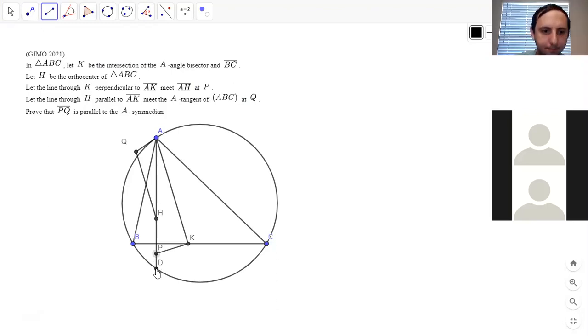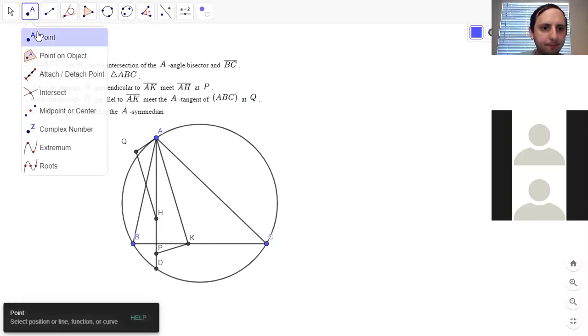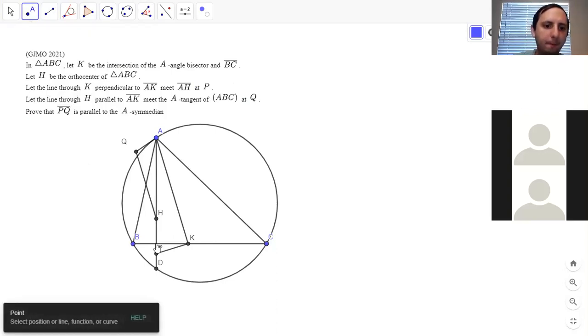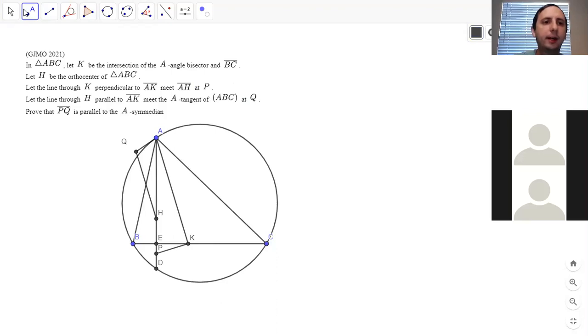All right. So let me draw the foot of the A altitude. So HE equals EB.